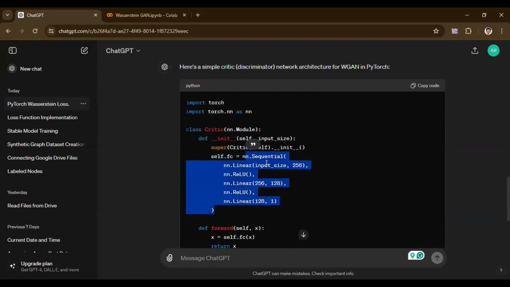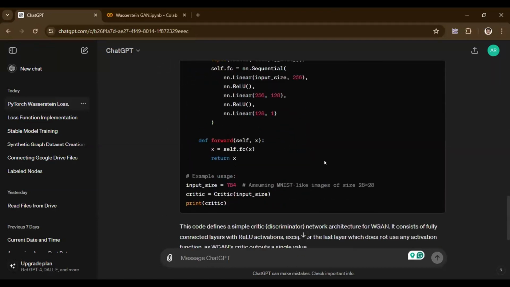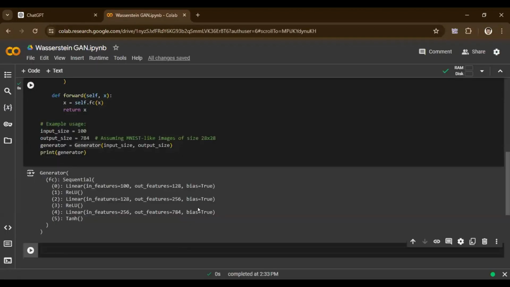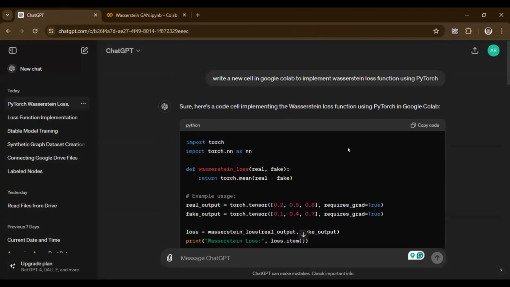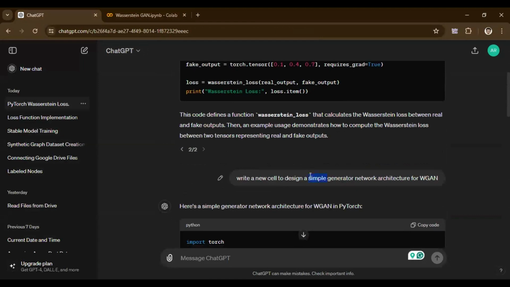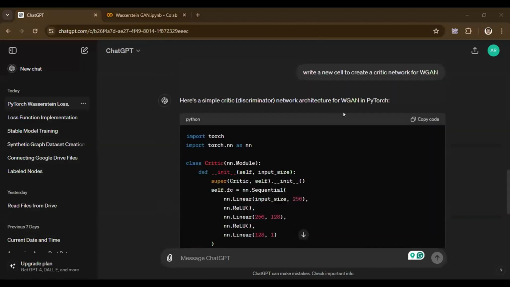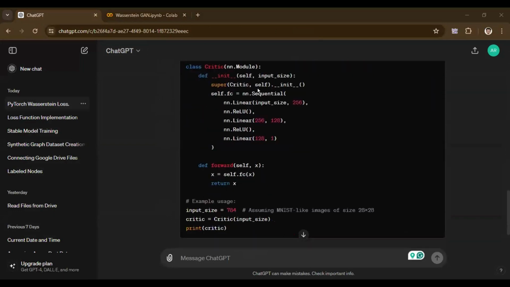This is the sequential architecture, and this is the example usage for the critic architecture. Let's just copy this code. I will copy the generator first, and also the critic network. This is the critic network. Okay.